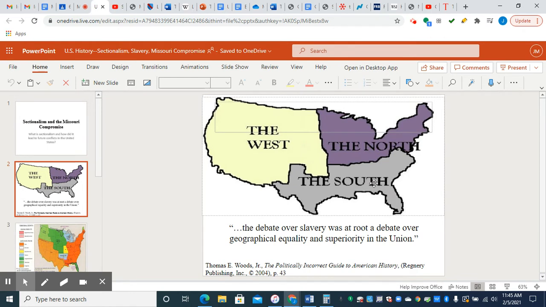Several of them will exit the United States, and then there will be an event that triggers the other states to exit as well. And then there are some states on the border that don't exit. And so they exit over the issue of slavery.